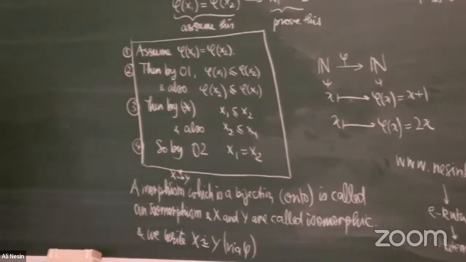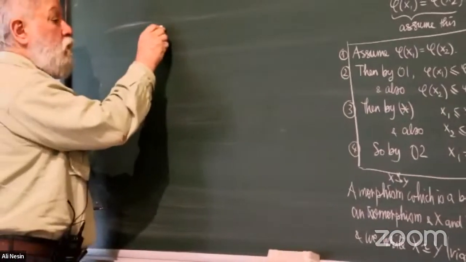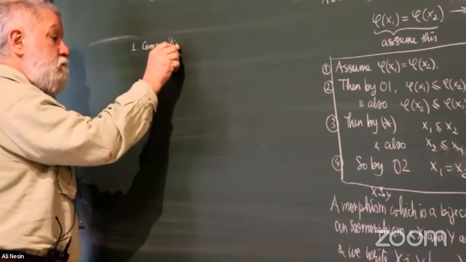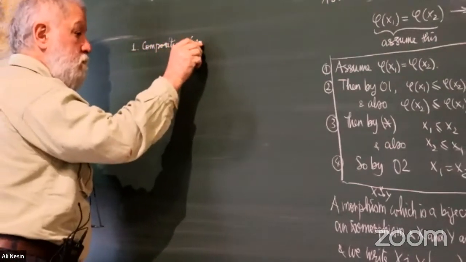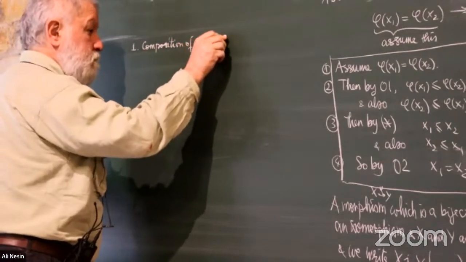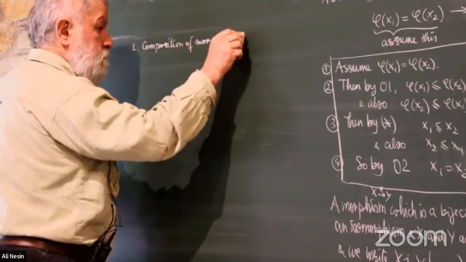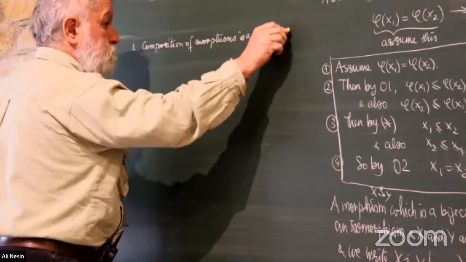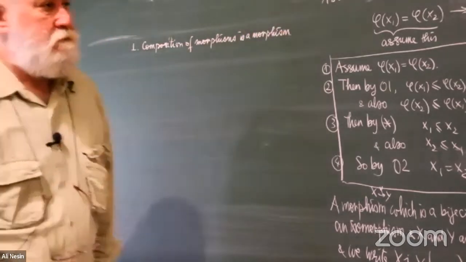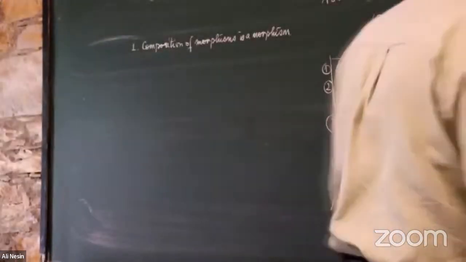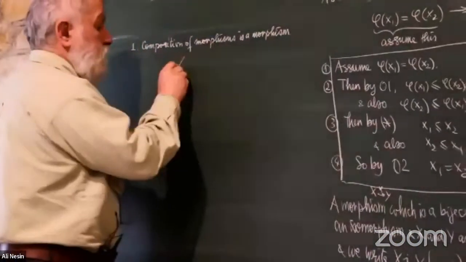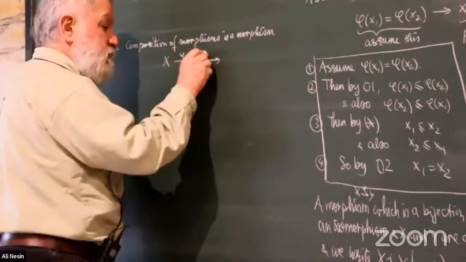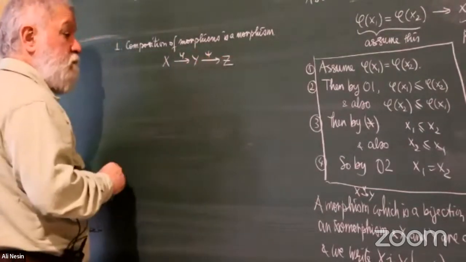What should you know about morphisms? One, composition of morphisms is a morphism. Take two morphisms, let's say phi from x to y, and a morphism psi, say from y to z, between partial orders.